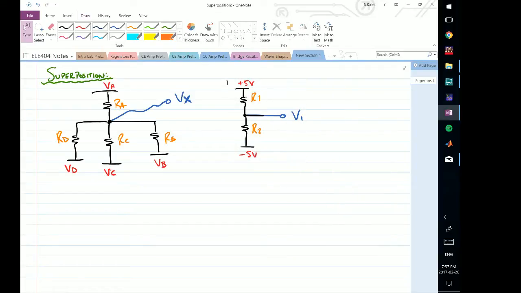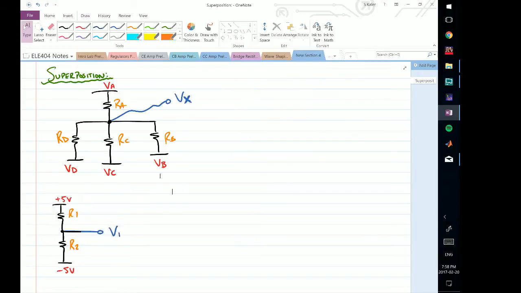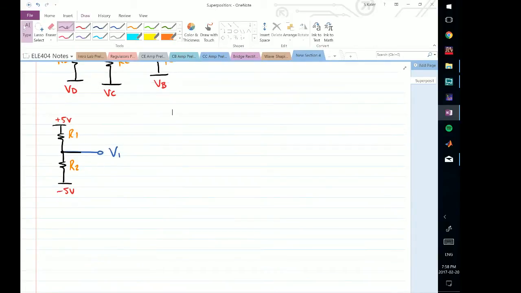So superposition says that if I take this circuit, let's take a look at this circuit now because this one's a little more interesting than the first one. I can decompose this single circuit into two circuits where I consider the contribution of each source independently. Let's call this one V1 plus, because it'll have to do with the plus 5 volt source.